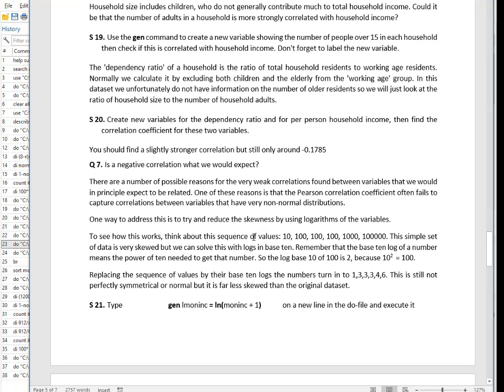And the answer is yes, it is what you'd expect, because when the dependency ratio gets higher, that means there are more people to be looked after and fed for every person who is working. So it makes it harder to increase your income per person. So you'd expect that as the dependency ratio gets higher, all things being equal, the per capita income will go down. So it is what you'd expect.